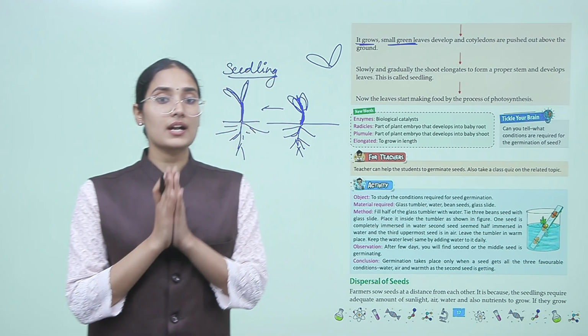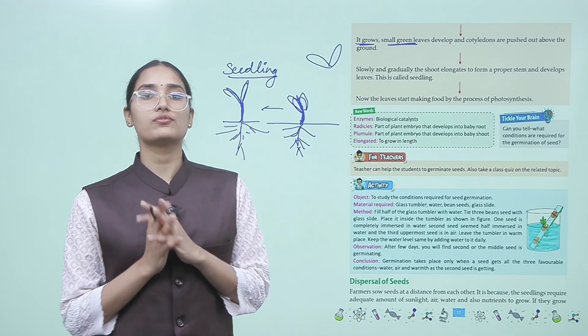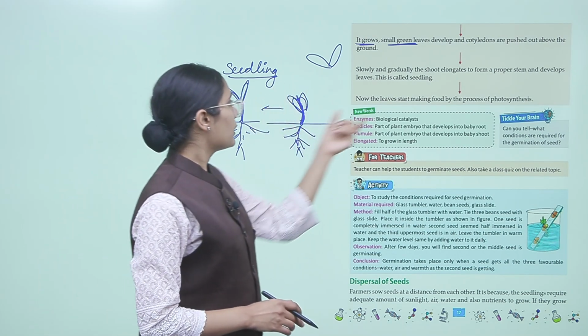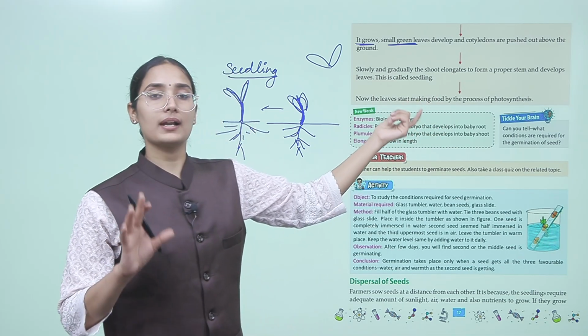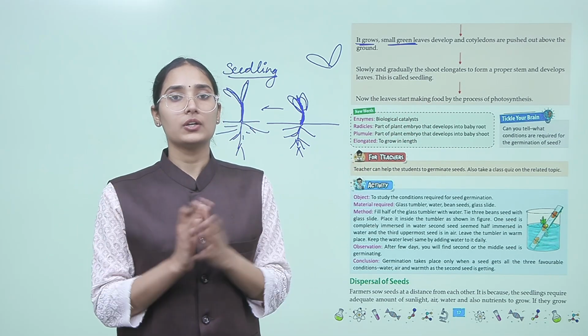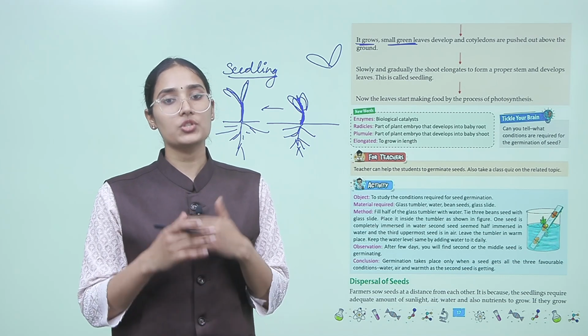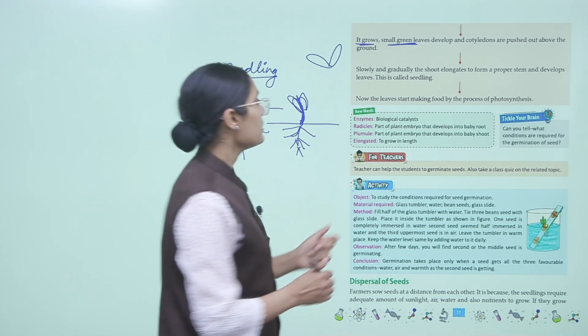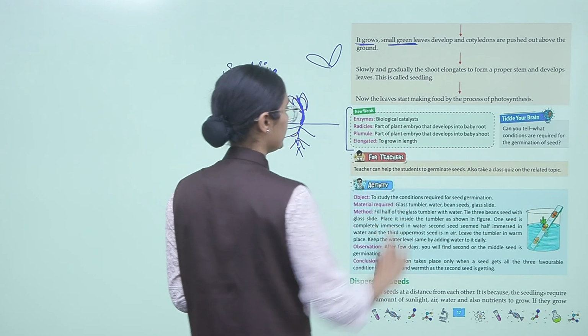Now the leaves start making the food by the process of photosynthesis. So, after this process, the plant is now ready to grow into a full tree, and to start the process of photosynthesis.